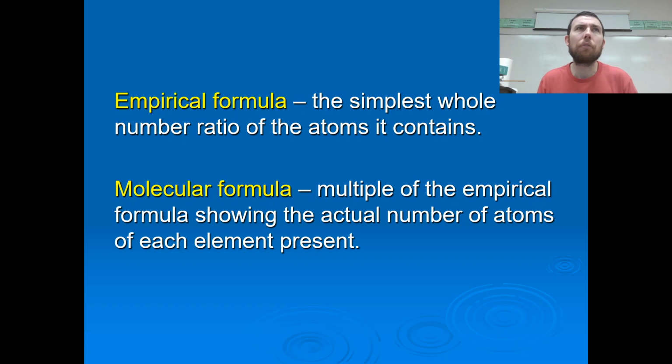But the empirical formula is going to give you a quick glance at the percentage by mass of each substance that's present, right? And so having each of those pieces of information can be useful in their own regard. And so, again, we're going to focus right now on that empirical formula first.